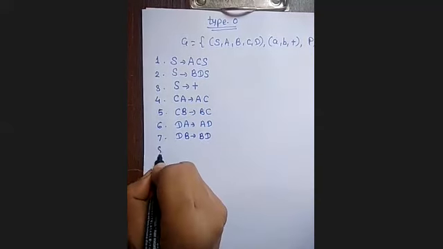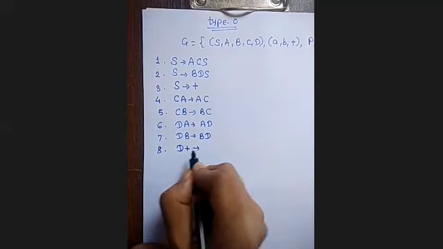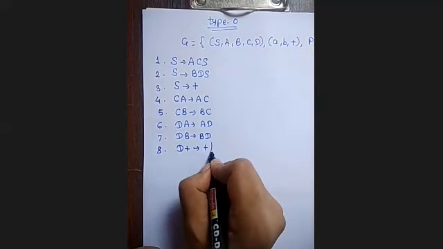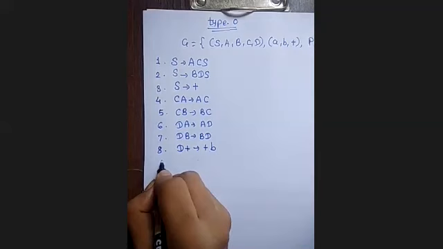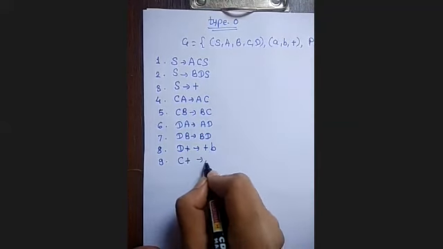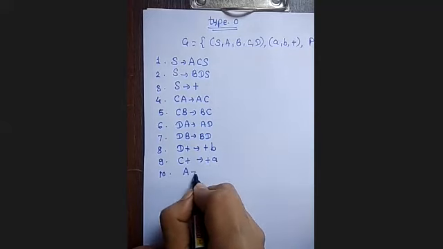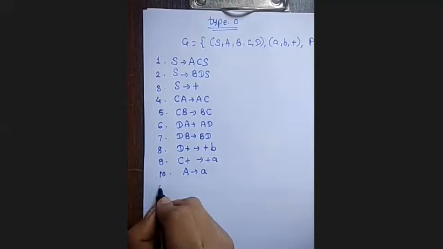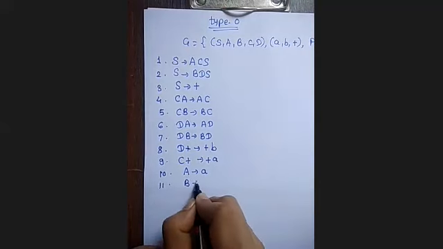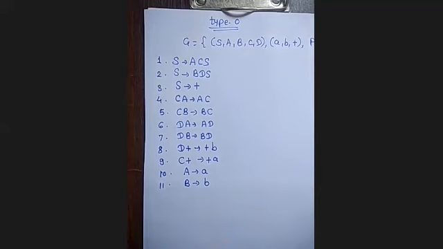Rule number 8. We'll not go into detail on how it is working; I have taken this just as an example, so don't go into detail about this. You can take any example, it's not necessary. Rules 9, 10, 11, B derives B. So these are the rules.